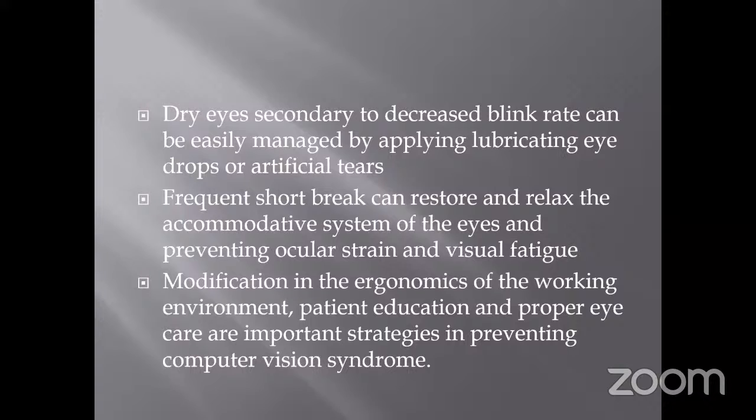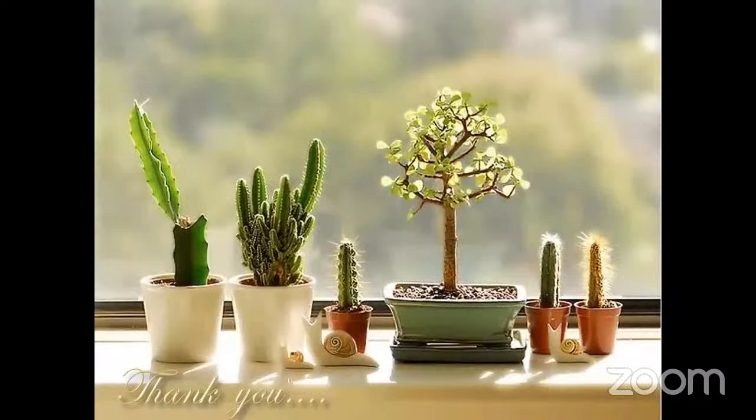Patients should blink, and we can also supplement them with lubricating eye drops. Frequent short breaks can restore and relax the accommodative system of the eyes, preventing ocular strain and visual fatigue. We already covered the 20-20-20 rule. Then modification of the ergonomics of the working environment, patient education, and proper eye care are important strategies in preventing computer vision syndrome.